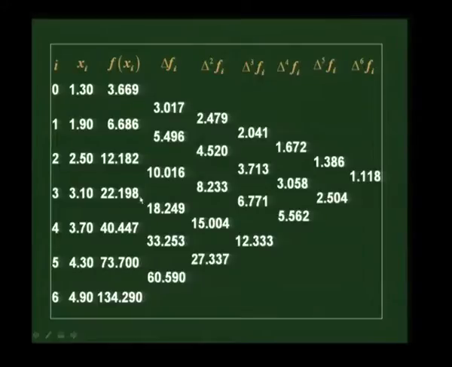The coefficients of the polynomial will go in this fashion. So that will be called del f3, del square f3, del 3 f3, etc. If you enter here, that's where it will go. So that's the table.